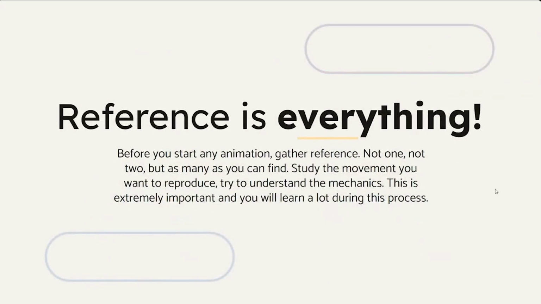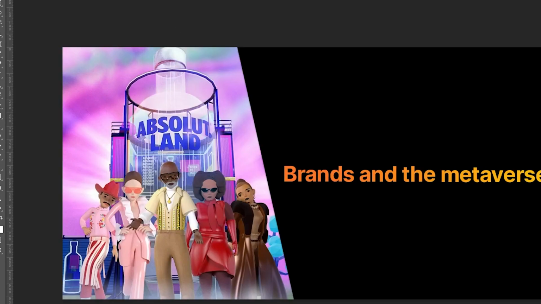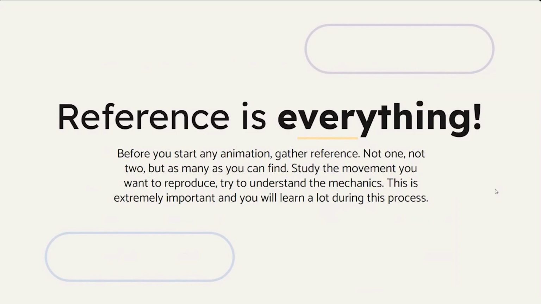So before we start, something that I always say is reference is everything. Don't underestimate the power of a good reference. Before you start anything, it's important to make a habit to do some research. For example, in a previous job I had to animate an armadillo, and I had no idea how to do that.